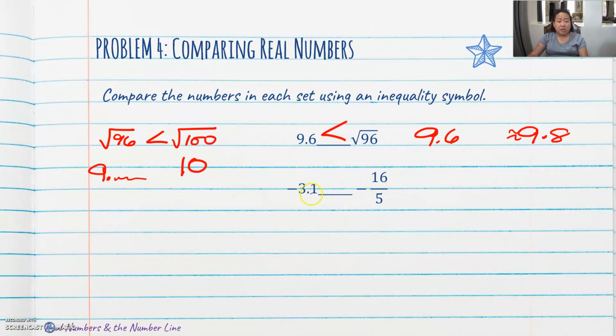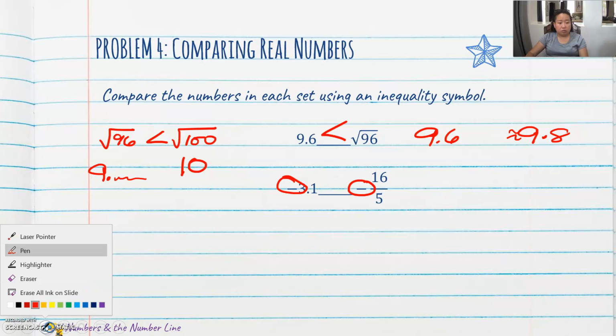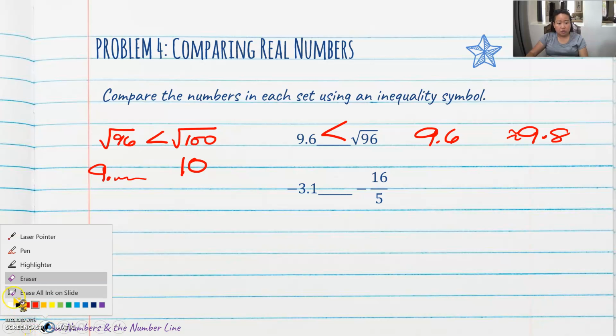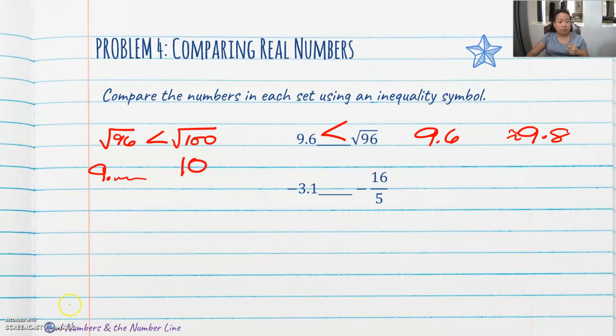Same thing here. Now, one thing that I would like to highlight is that we are comparing negatives, okay? When you are comparing negatives, what happens there? You have to make sure that the values are inverted, meaning the higher the number is, if it is negative, the smaller its value, all right?